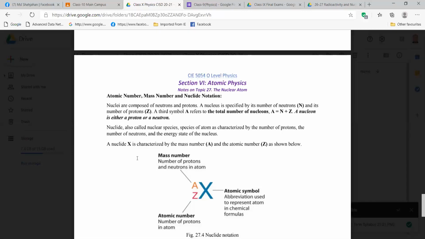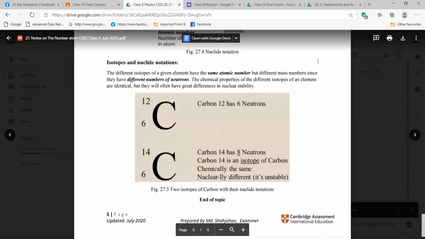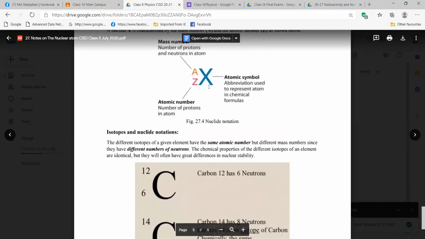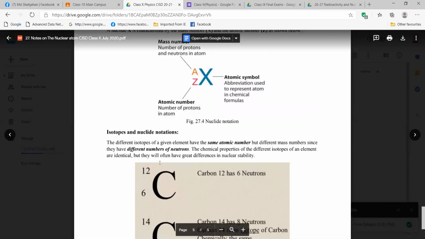Then the nuclide notation: the X here shows one element, like carbon. This element has 6 protons, so its atomic number Z is 6.